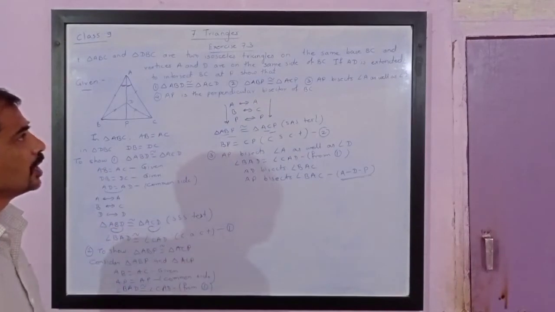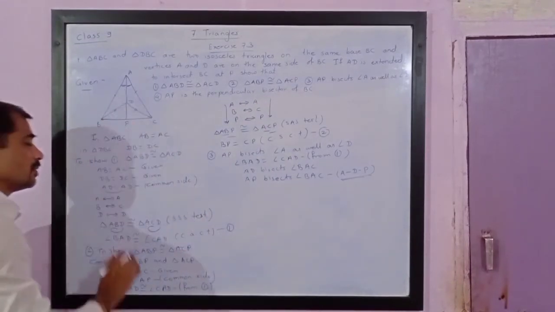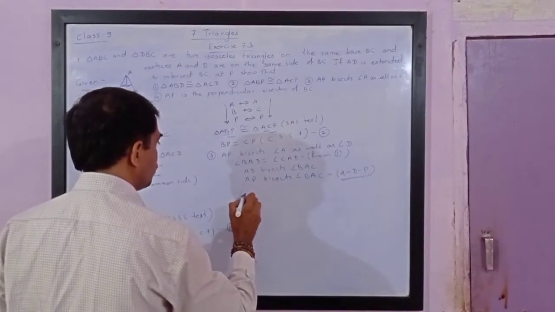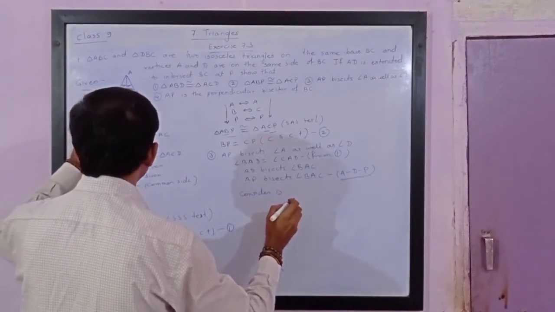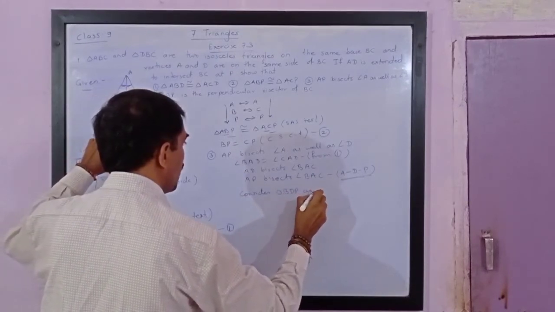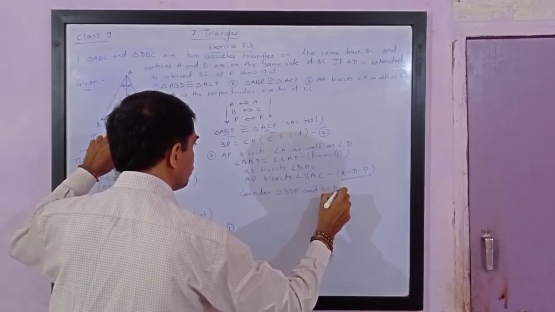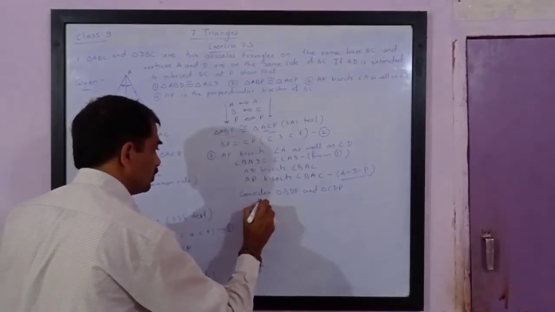Watch carefully. Now for proving this, consider triangle BDP and triangle CDP. In this, BD is equal to CD, given.